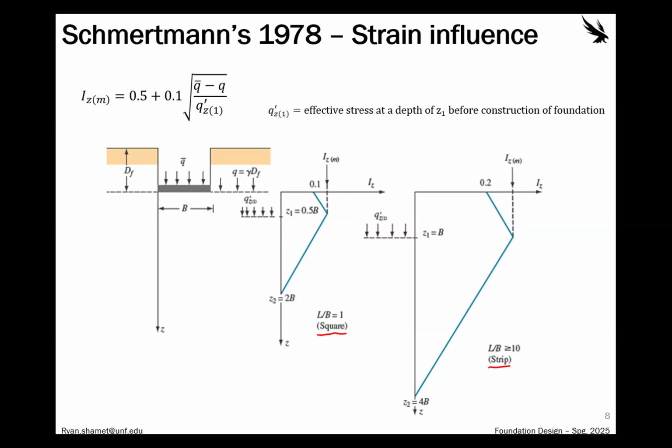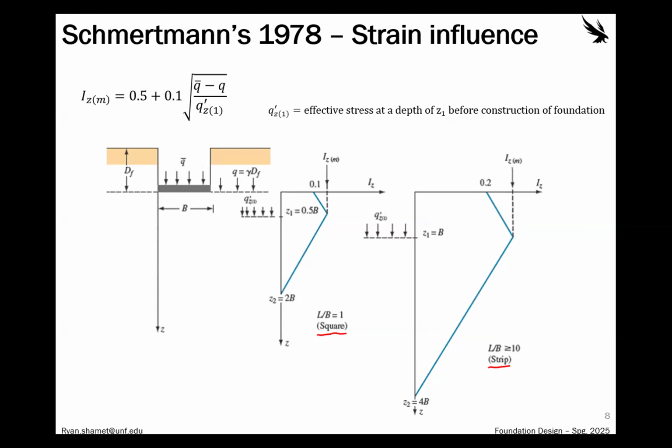So obviously, if we were super deep, like 100 feet below the level of the footing, and we apply some load on the surface, the stress is going to be distributed through the soil, and something at 100 feet in depth might not feel the weight of that load, right? So right directly underneath the footing, we're going to have a pretty significant amount of influence.